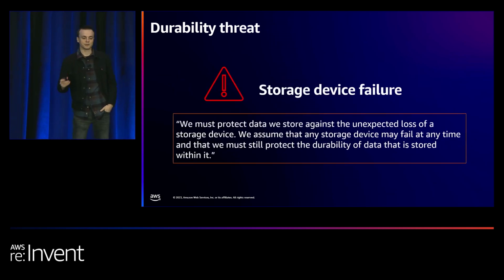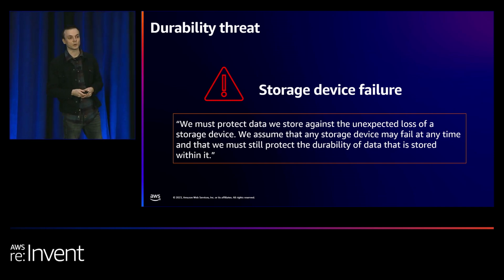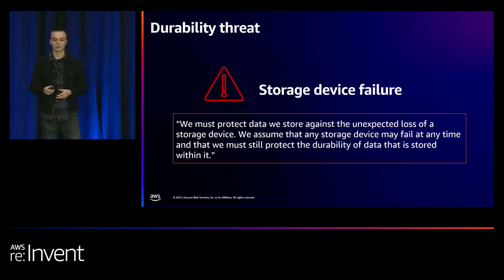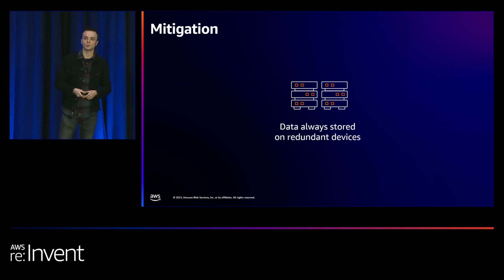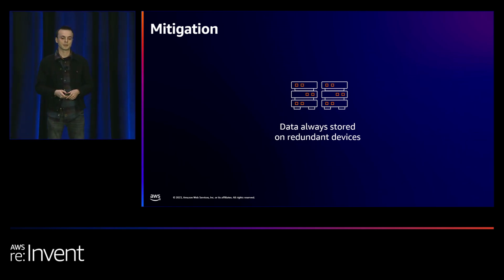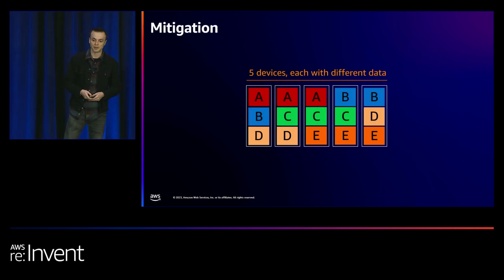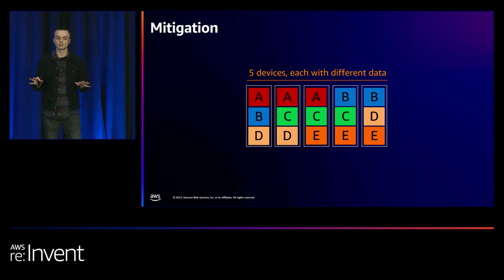OK, so starting off with storage device failure. This one's pretty common. We generally assume that hardware can fail at any time, and that we must ensure that we do not lose any data when that happens. To mitigate against this threat, we redundantly store your data across multiple devices. Now, there are several techniques to accomplish this. At S3, we use something called erasure coding. Now, this is where data is split into multiple shards.